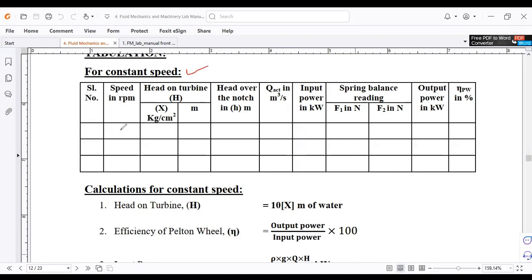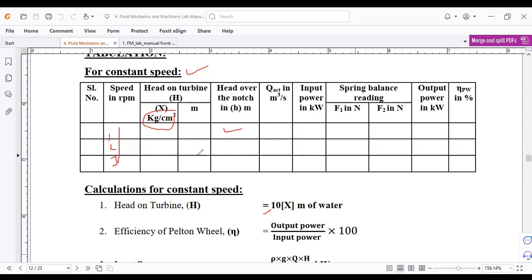For the constant speed, the speed will be the same for all the different cases, 1, 2, 3, however many readings we take, the speed will be constant. Head on the turbine, we are going to take in kg per centimeter square. Next, we convert into meters just by multiplying by the constant 10. Head over the notch will be calculated using the V notch.